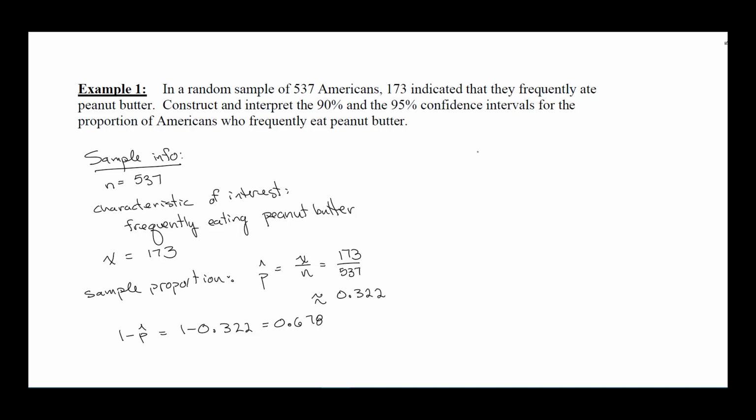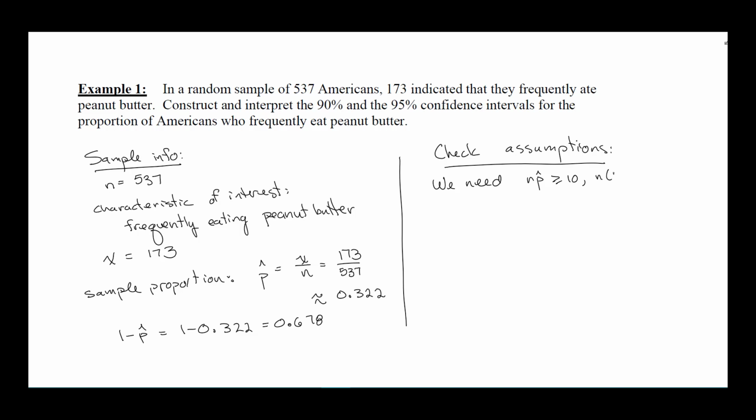Okay, so now let's check our assumptions. Basically what we need is n times p hat at least 10 and n times 1 minus p hat at least 10.